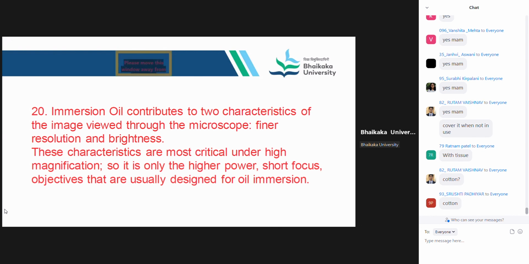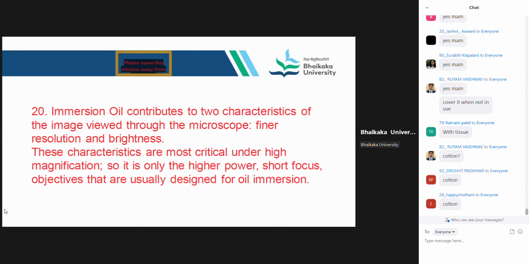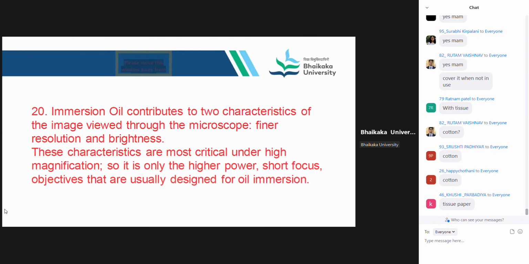Soft tissue paper. Some students will advise another liquid, xylene. Yes, tissue paper is correct, but they will advise you to put xylene. That is wrong. You are damaging the lens with xylene. So don't use even xylene. It is soft tissue paper that you use to clean the oil immersion lens, and then you cover it.